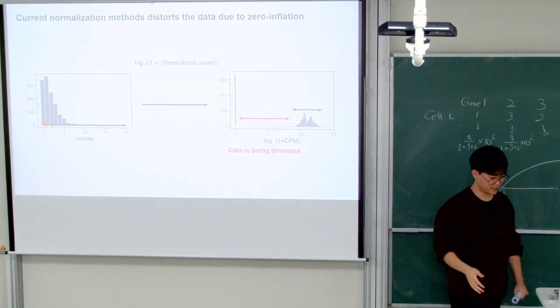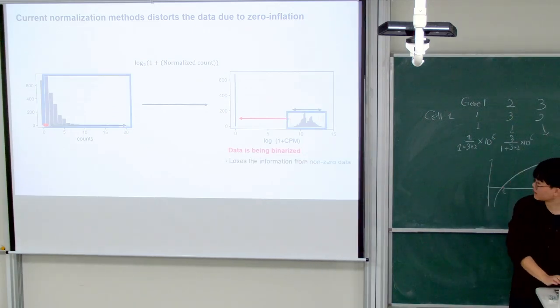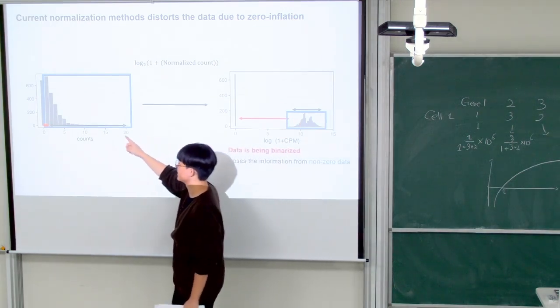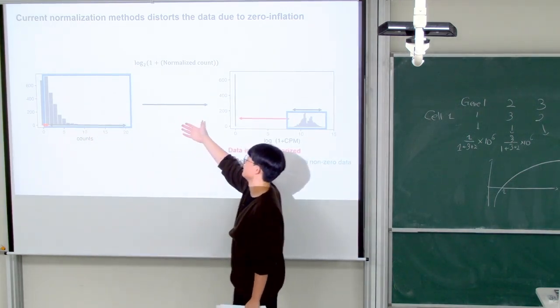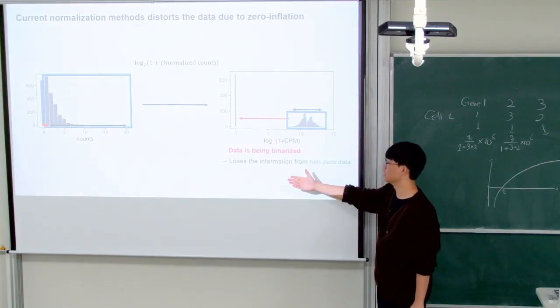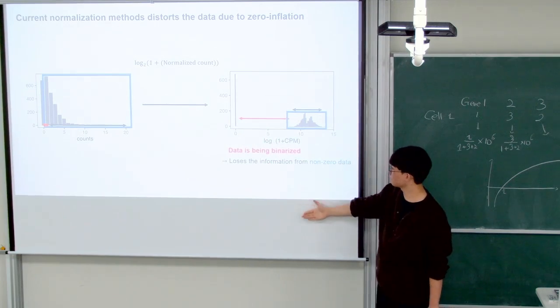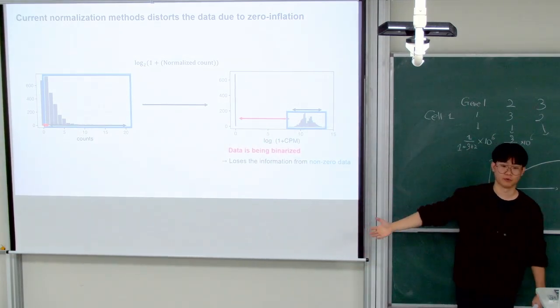What I mean by binarized is that the non-zero data has some information, but due to the log transformation, it loses the information. Everyone get the point?